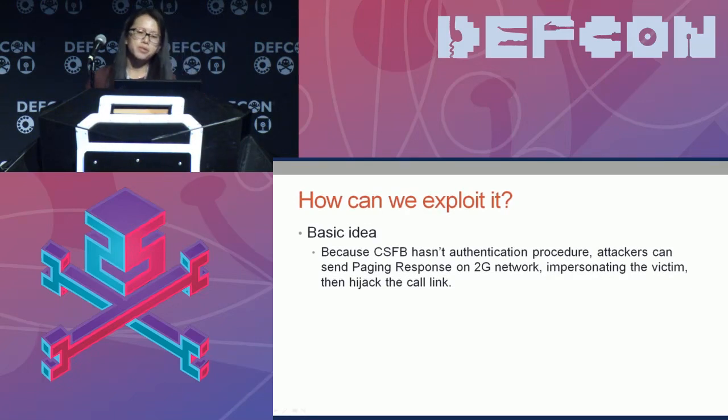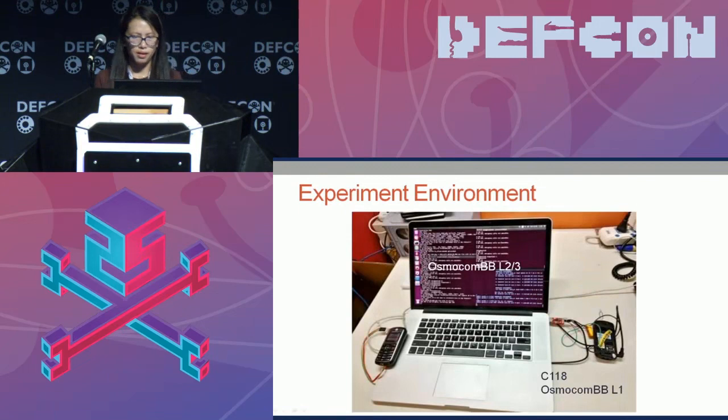So after the discovery of this problem, we started to think about how to exploit it. The direct idea is to send a fake paging response and then impersonate the victim cell phone and hijack its link. This picture shows our experiment setting.